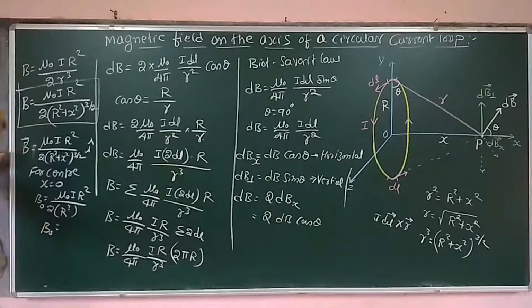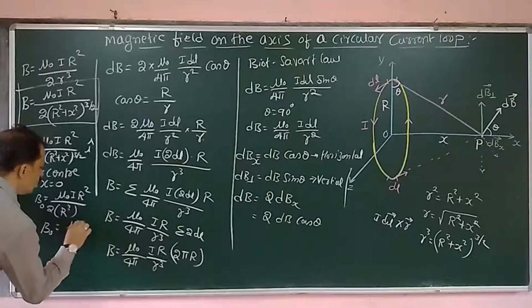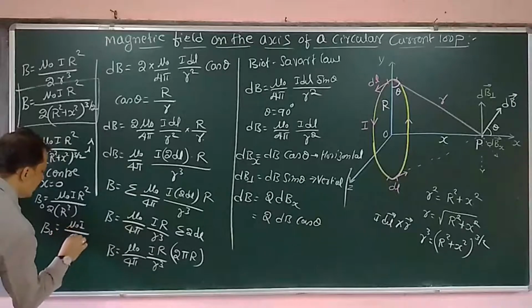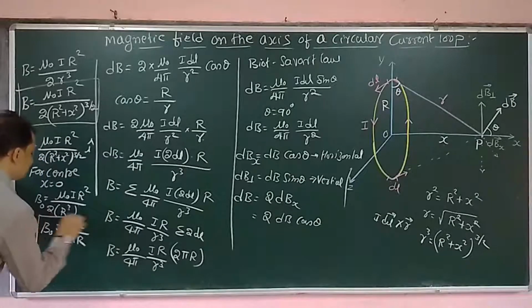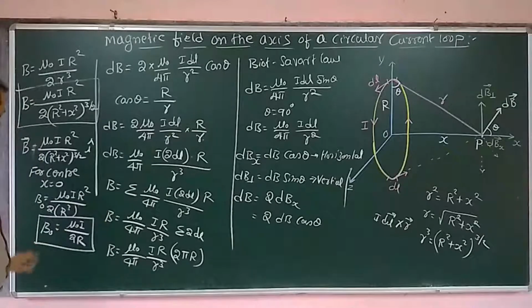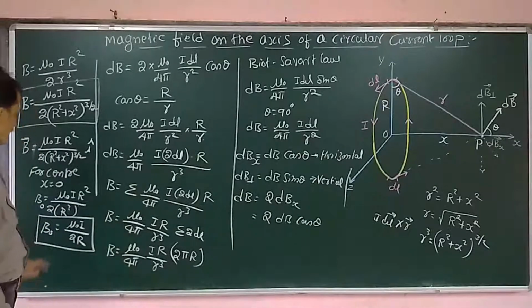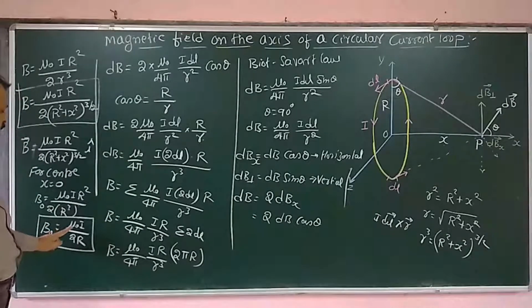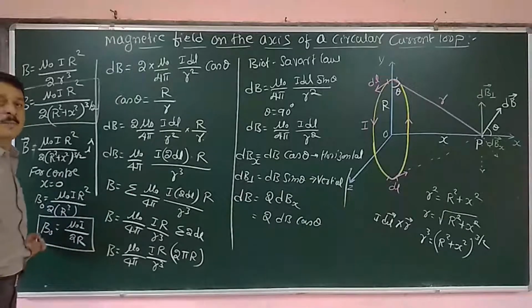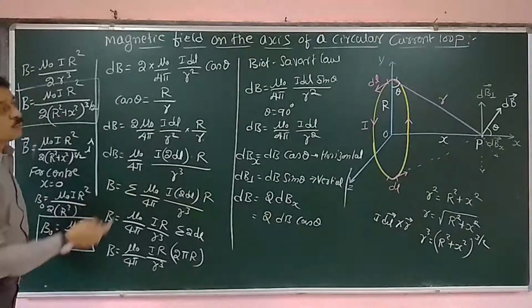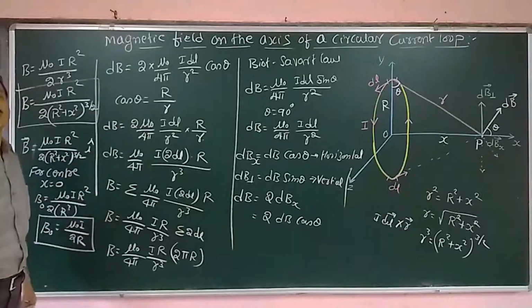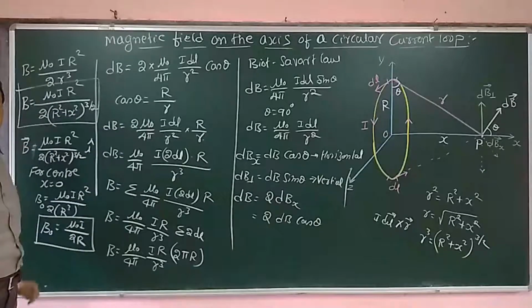B naught, the magnetic field at the center of the circular loop, is equal to mu naught I divided by 2r. This is very important. You should remember that B naught is equal to mu naught I divided by 2r is the expression for the magnetic field due to a circular loop at the center of the loop.